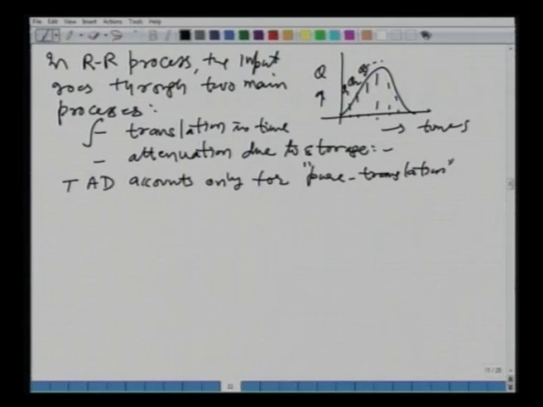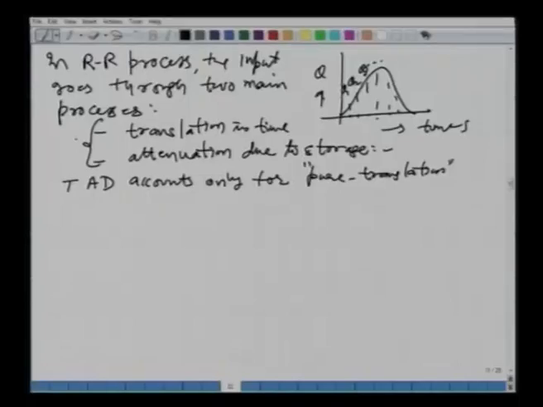Can you tell me any rainfall runoff method that converts effective rainfall into a direct runoff hydrograph and accounts for both translation in time as well as attenuation effects in the catchment storages? It is the unit hydrograph. I am sure you all have seen this.